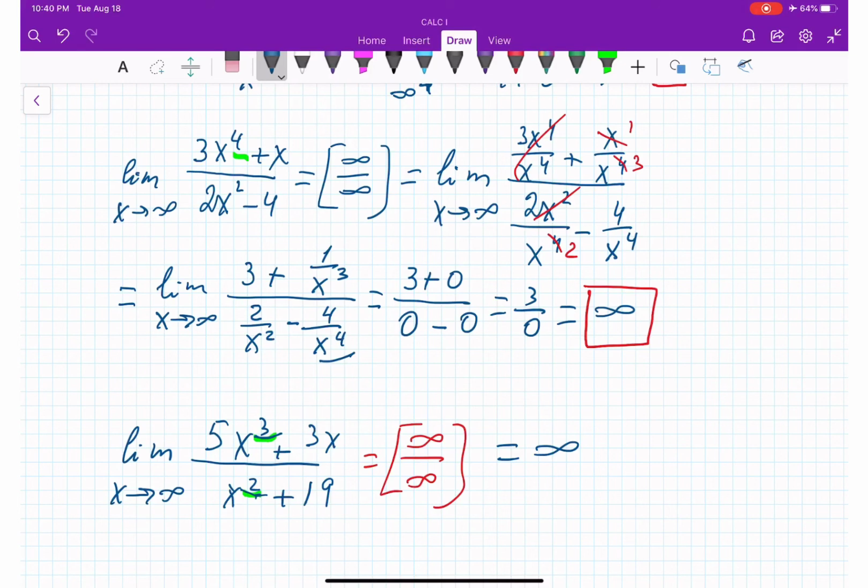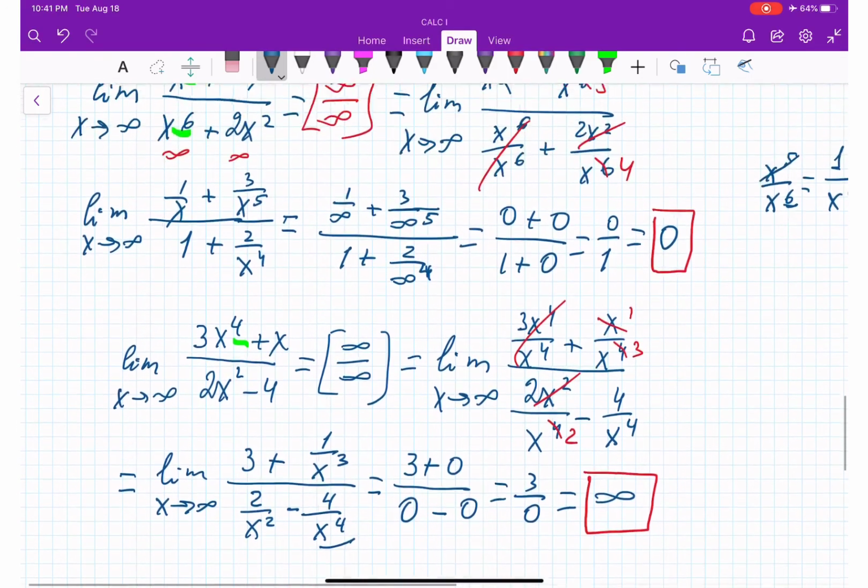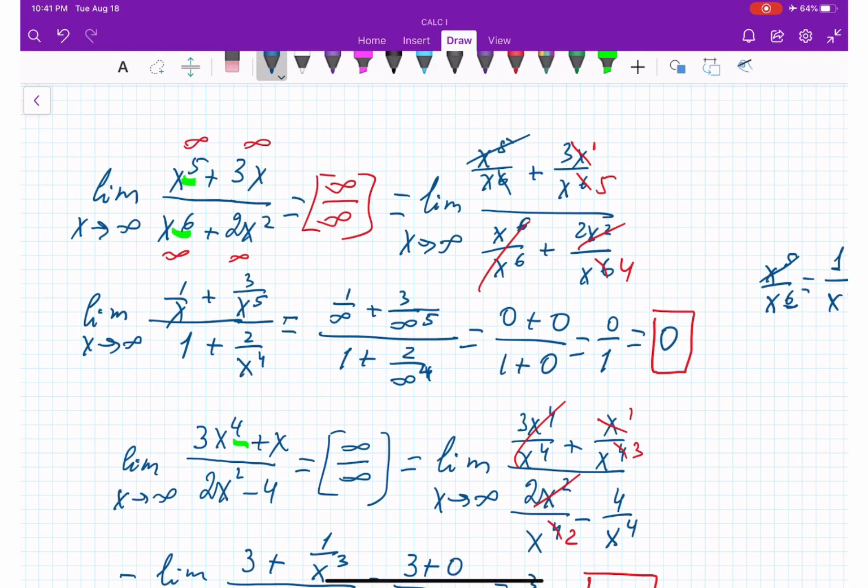If the rational expression has a degree in the numerator greater than in the denominator, then there is no horizontal asymptote, because it's infinity, obviously. And when the highest degree in the denominator is greater than the highest degree in the numerator, then your horizontal asymptote is equal to 0. It's an absolute similarity to that.